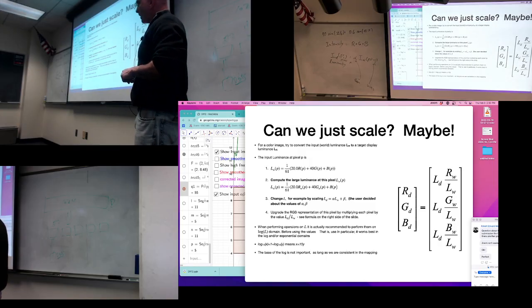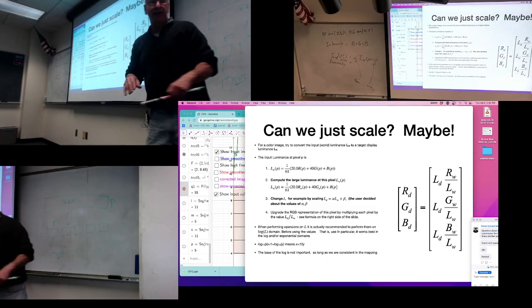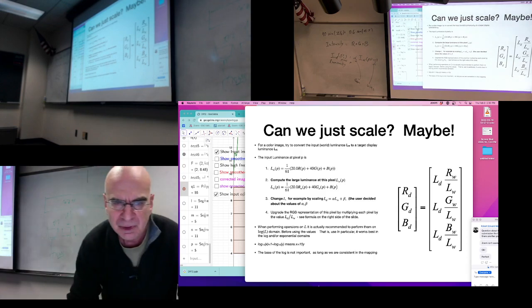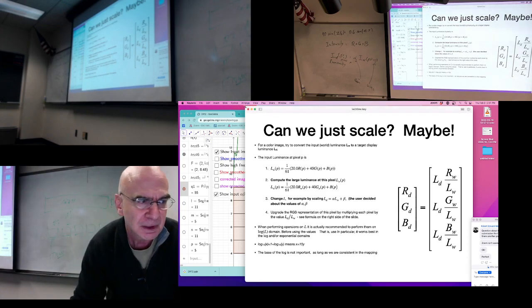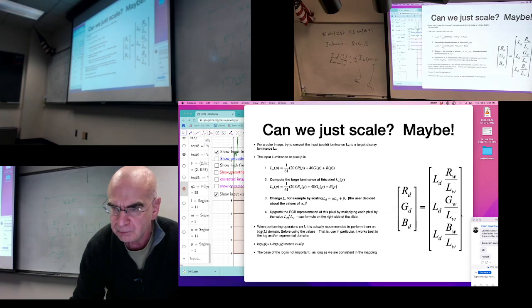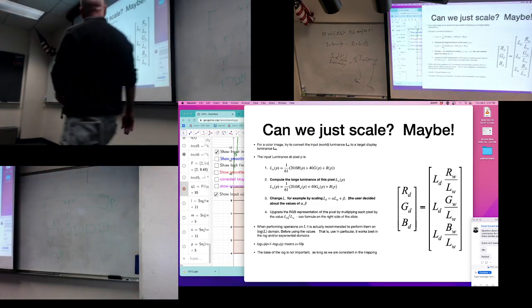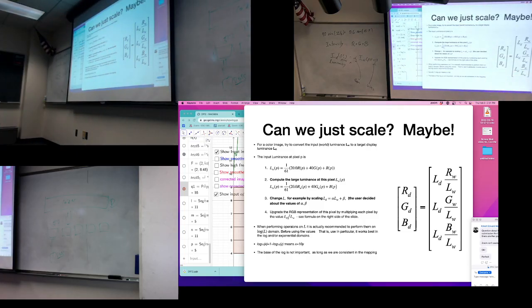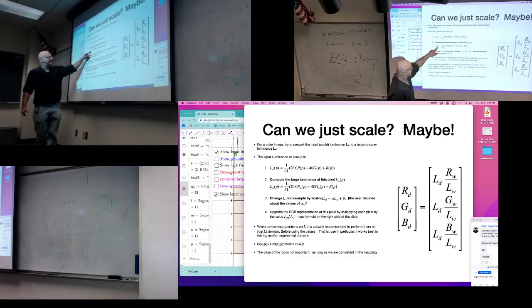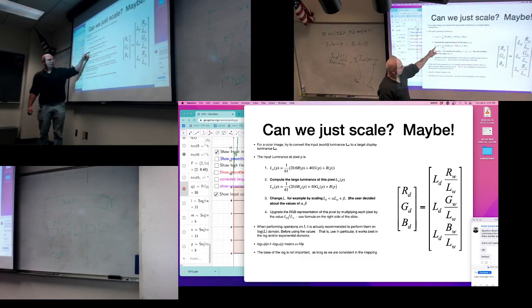Now, how are you going to do the tone correction using this value? You have the input value, L_W, which I doubt that you can see. Readable at the end of the room? I guess, yeah, it's fine. So I know what the luminosity of the world is at this point. I'm going to change the luminosity of the world at this particular point.